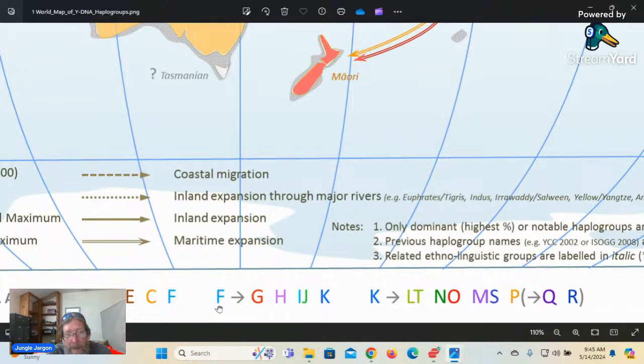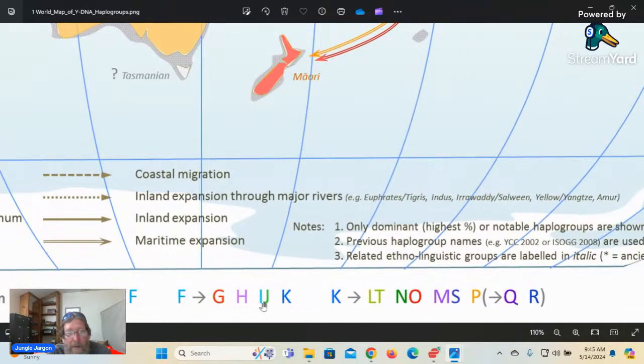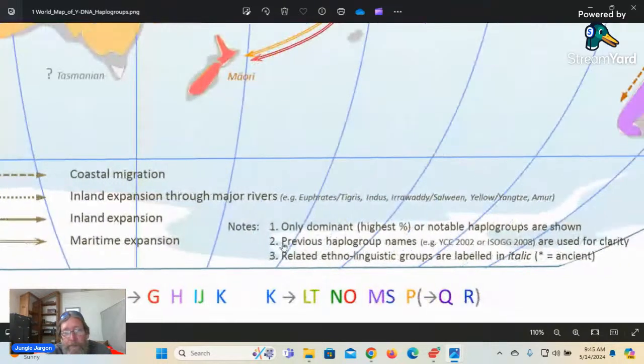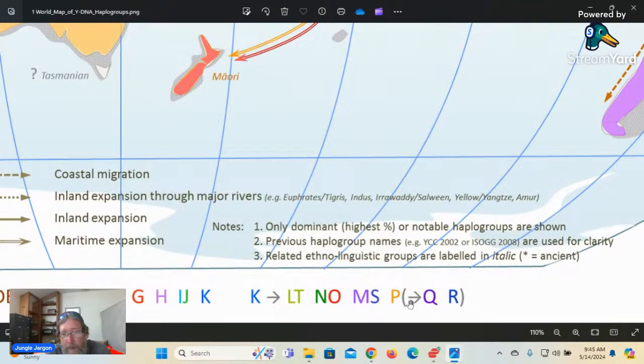And then F, G, H, I, and J are all in the Middle East, basically, except for the I, which goes up into the Mediterranean and up into Europe, which we can get into as well. And the K, L, M, N, O, P, Q, R, S, and T are all everywhere else, north, west, and east.